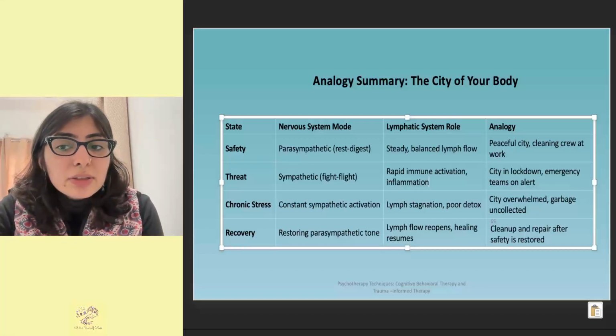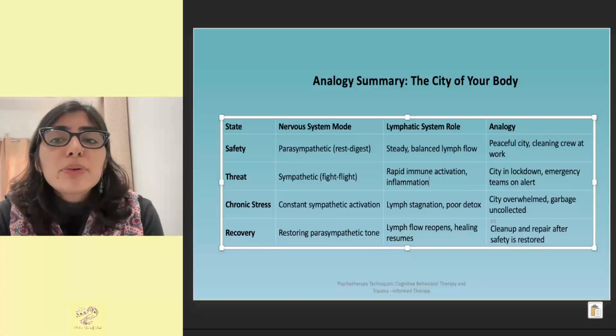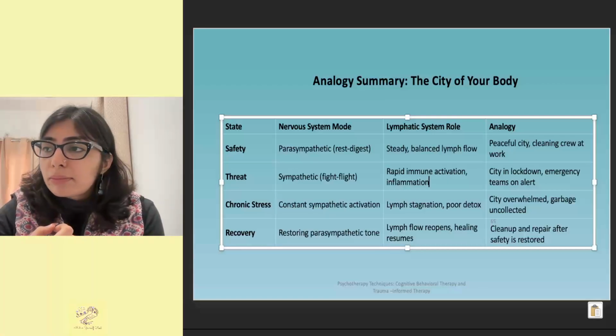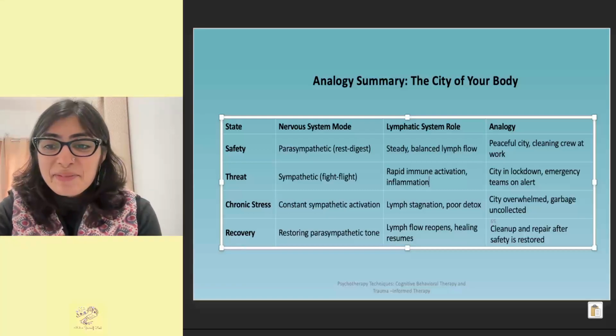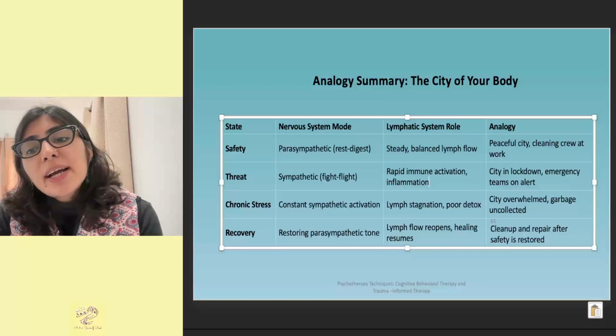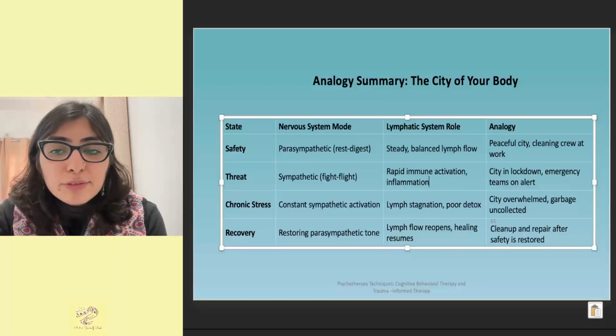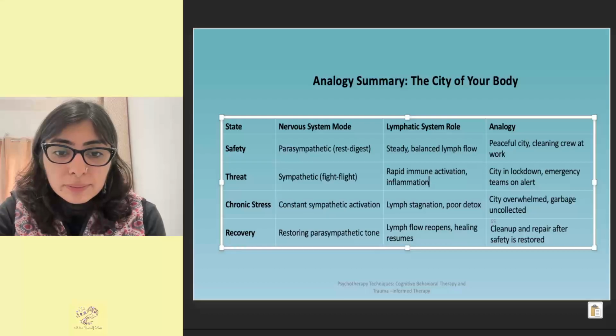Lymph stagnation, poor detox. The body is not cleansed. There's a lot of accumulation of mucus, basically more kapha in the body, you can say. And during recovery, when the parasympathetic is activated again, lymph flow reopens, healing resumes.